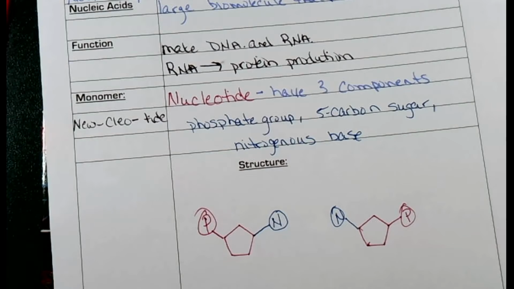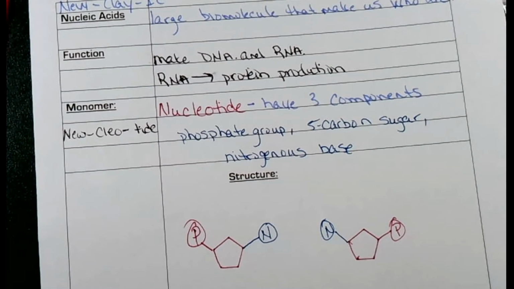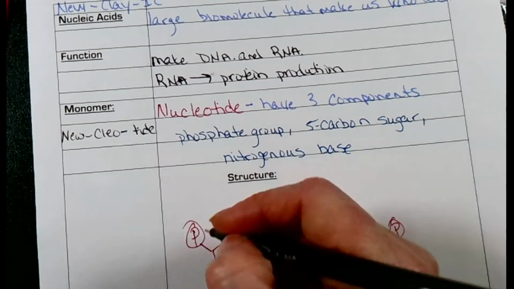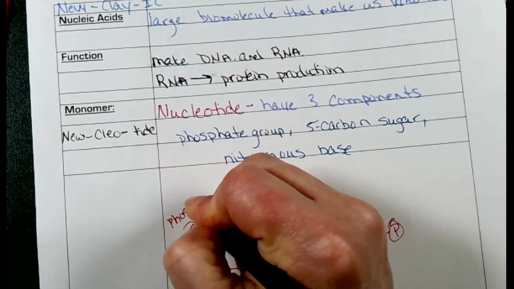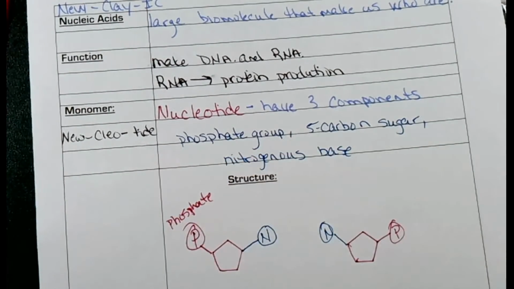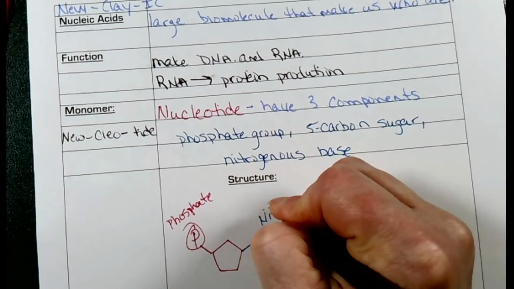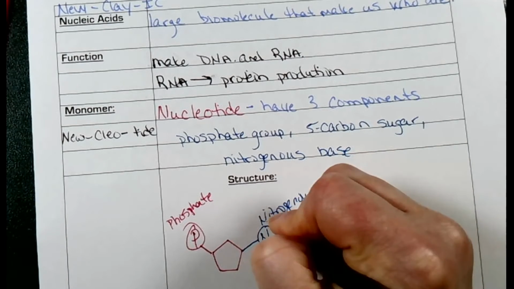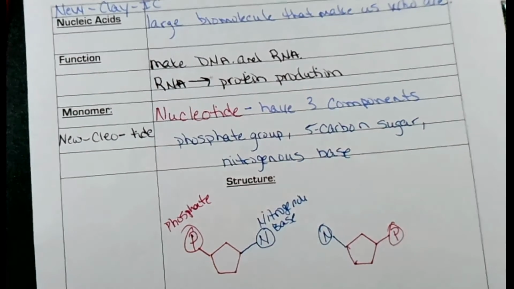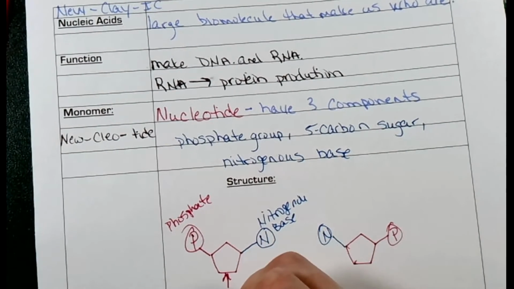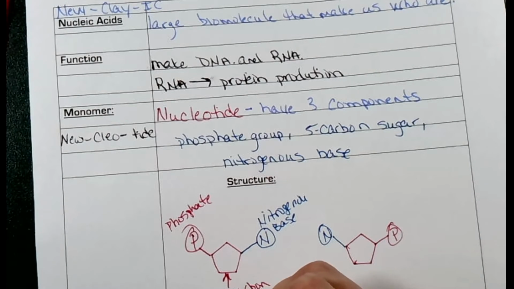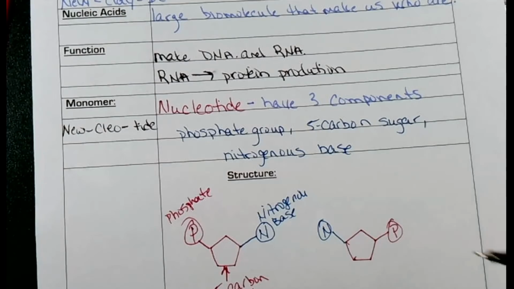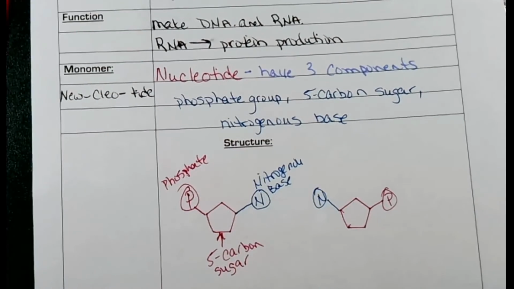They're on opposite sides of each other with the carbon sugar in the middle. So this is my phosphate. Nitrogenous base. And this is my 5-carbon sugar. Okay. And that's the same thing with the one on your right-hand side.